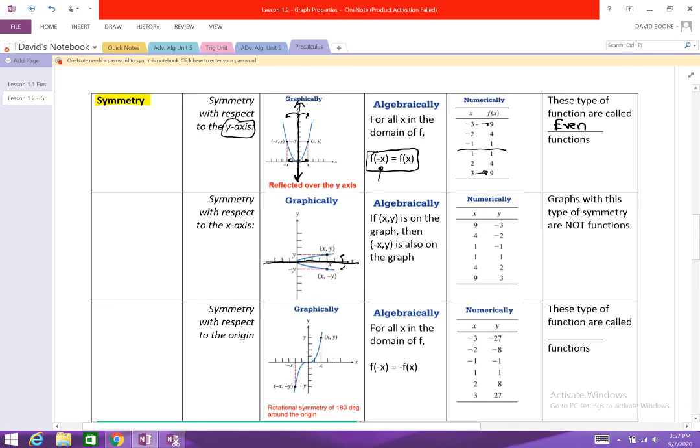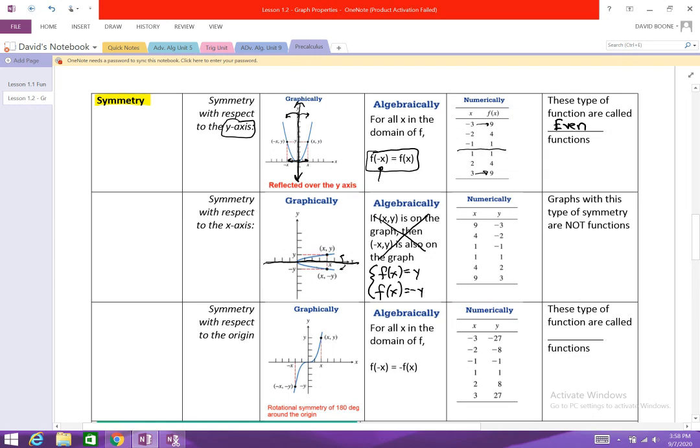So I think probably the best way to think about this one algebraically is with the same kind of mathematical notation right here: when we have that original function, we get out that same function when we put something in. Same thing here too, when we start with the original function, we also get the opposite.